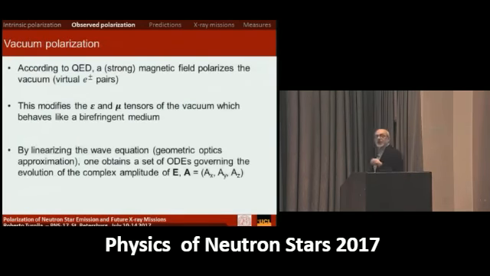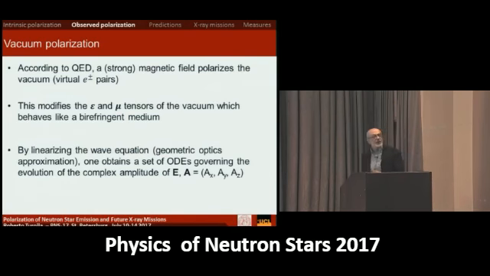Of course, the rotation of the Stokes parameters is not the only effect which contributes to making the observed polarization signal different from the intrinsic one. The second very important one is the magnetized vacuum which fills the space around a neutron star.